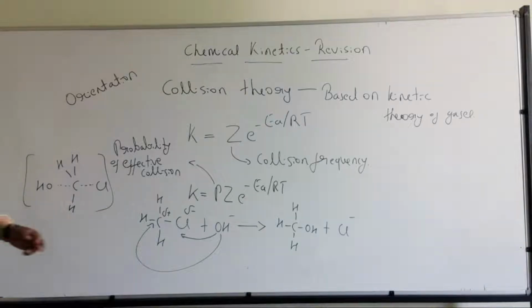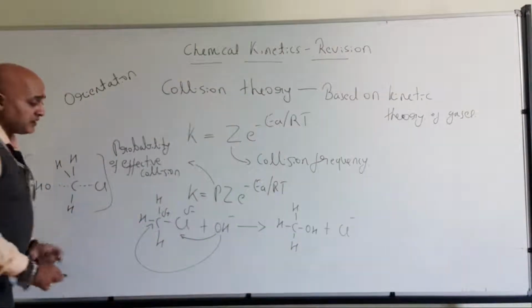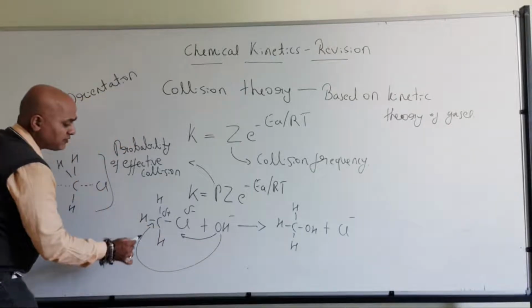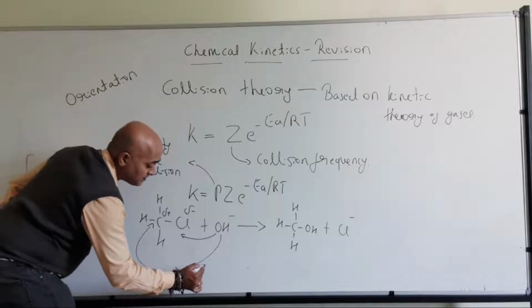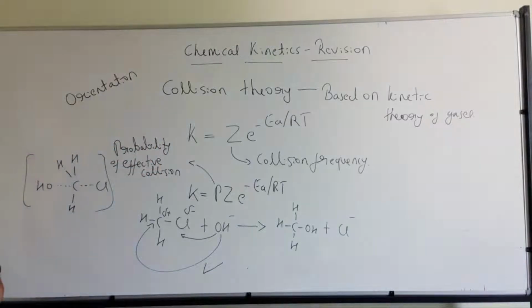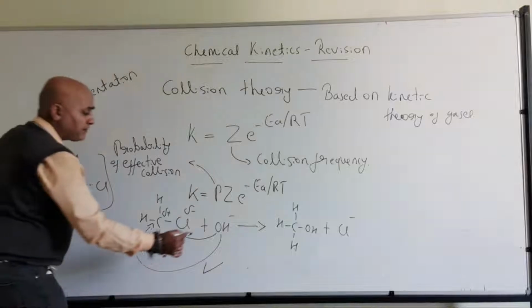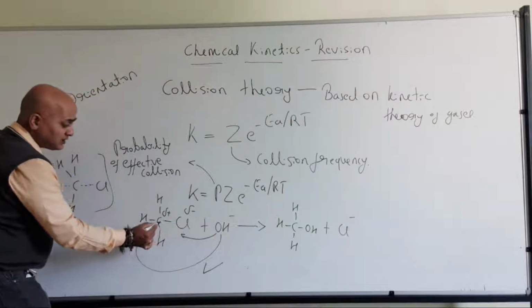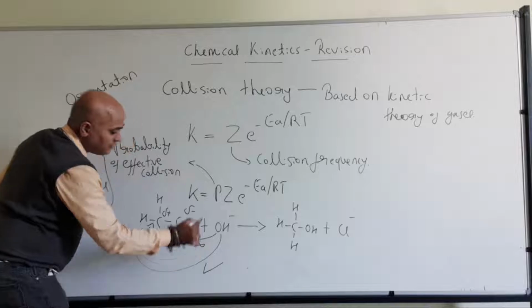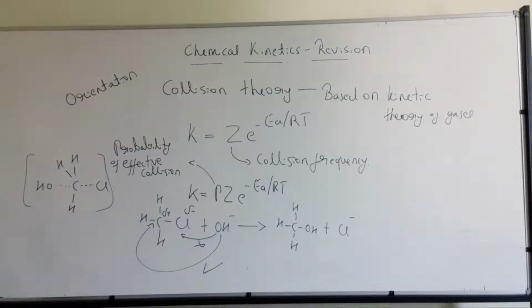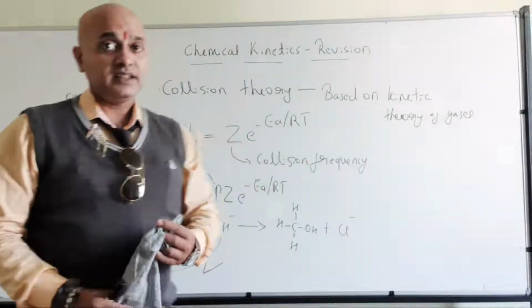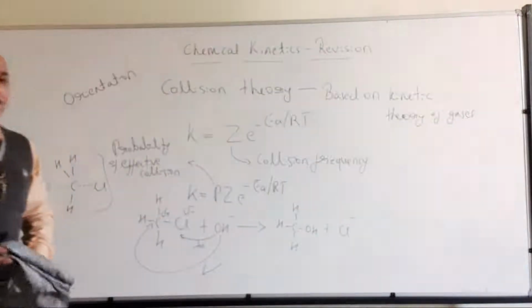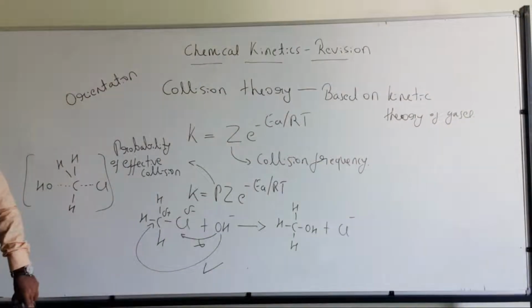When OH minus collides with the carbon of methyl chloride on the side opposite to the chlorine bond, then that reaction will happen. If the collision happens between OH minus along the carbon-chlorine linkage, it will lead to repulsion and no product formation. That's where effective collision and the orientation factor come in. Got my point?